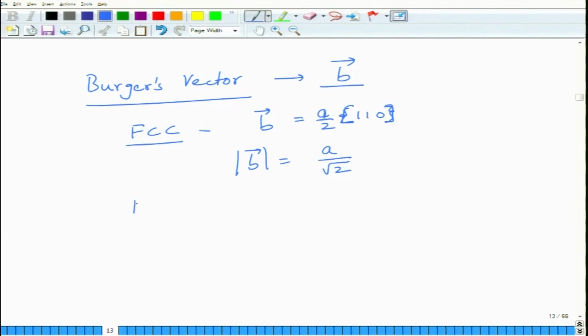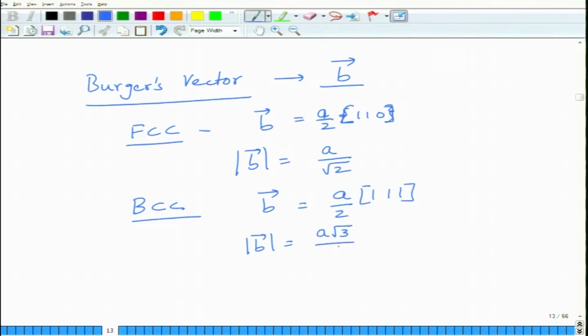For a BCC material it would be a 111 divided by 2. So this would be equal to a root 3 divided by 2.